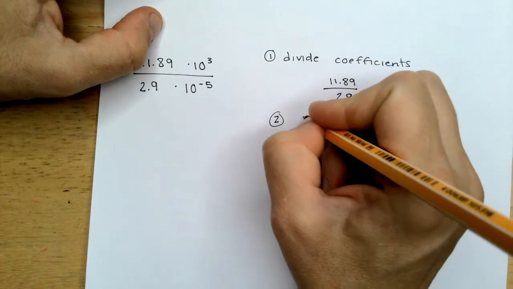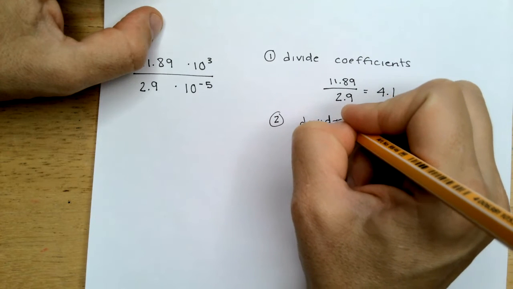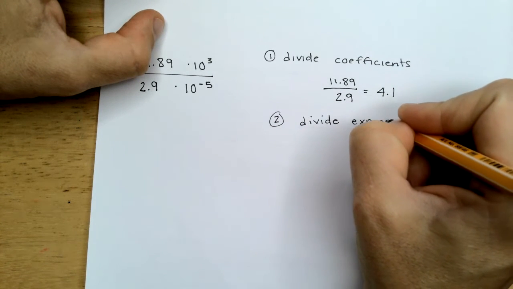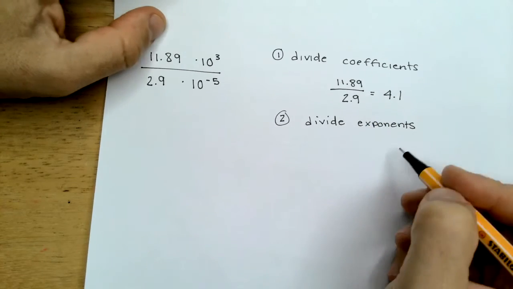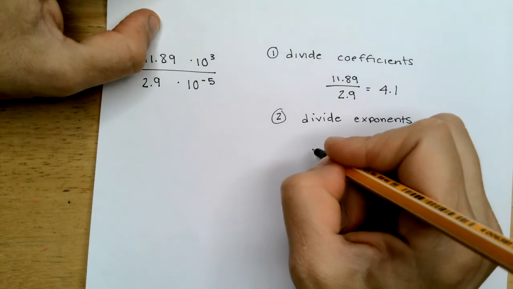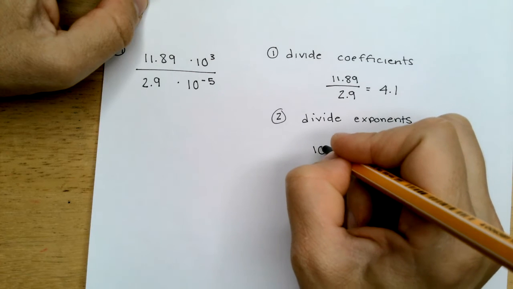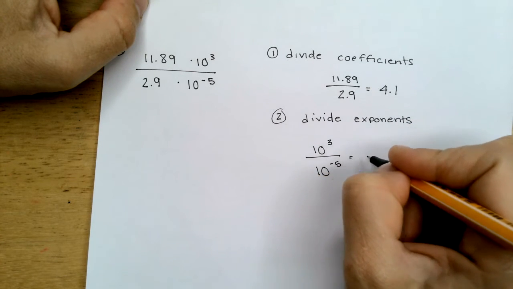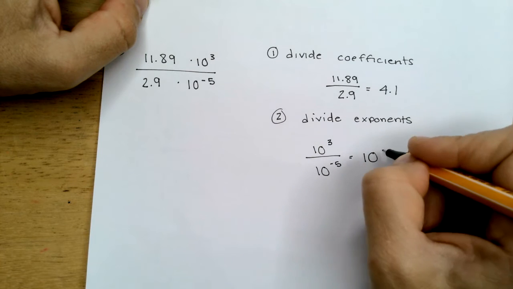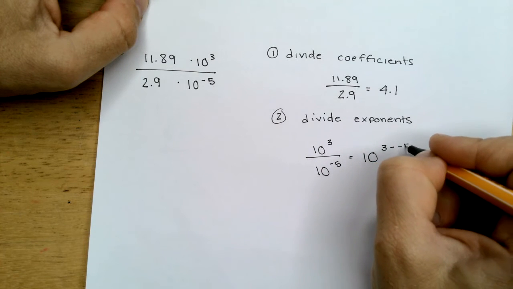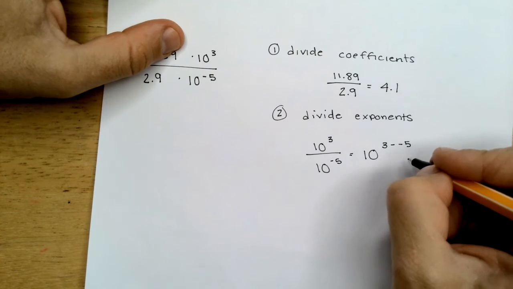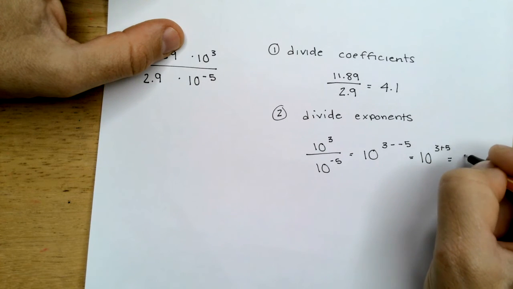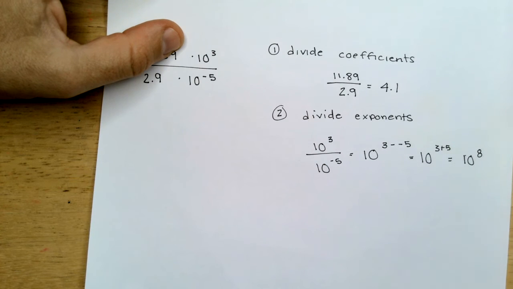Second step, divide exponents of 10. So I call it divide exponents, but it's divide exponents using the exponent rule. So really it's subtract the exponents, right? 10 to the power of 3 divided by 10 to the power of negative 5 is, keep the base, 3 minus negative 5, which is 3 plus 5, which is 8.